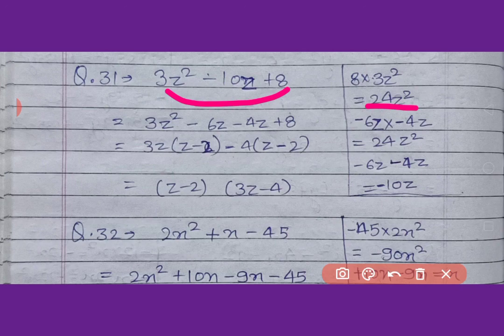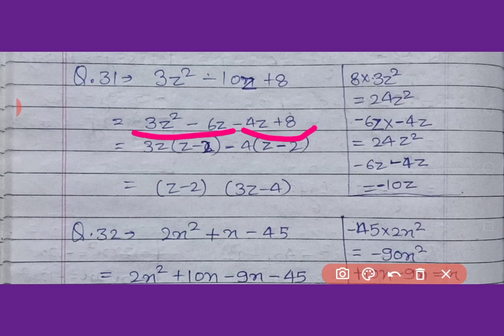So we have to take minus 6z and minus 4z, whose multiplication will be 24z square and addition will be minus 10z. So 3z square minus 6z minus 4z plus 8. Now divide into two groups. 3z square minus 6z, and here in the second group minus 4z plus 8.